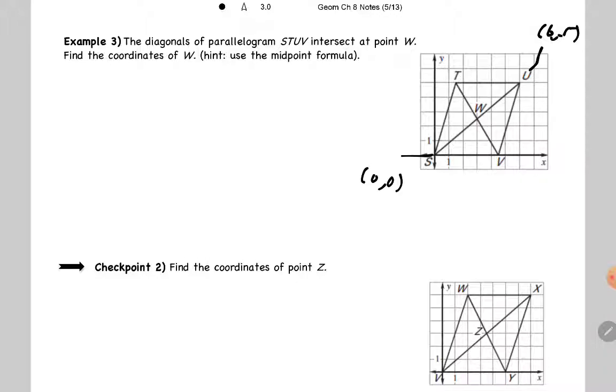If you remember the midpoint formula, you just add your x coordinates together and then divide by 2, comma, add your y coordinates together and then divide by 2, and you get a point.